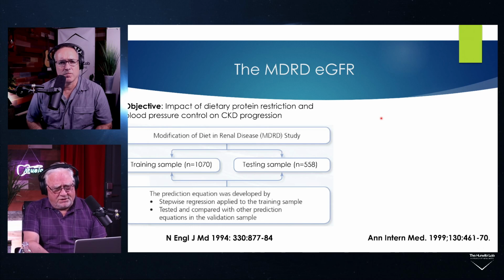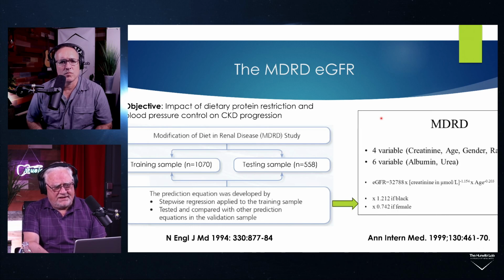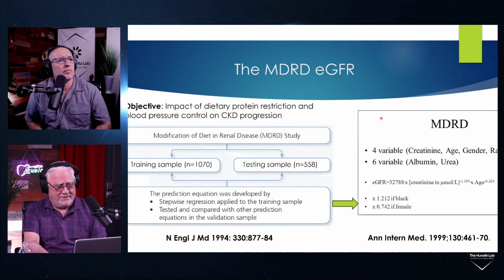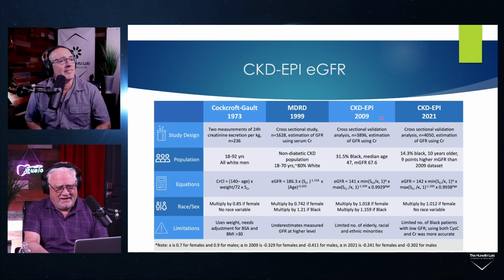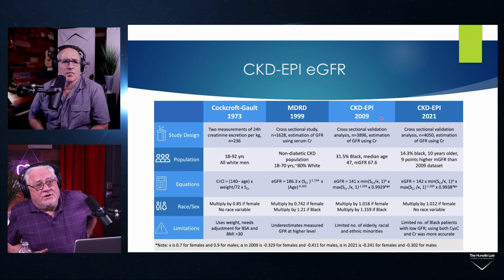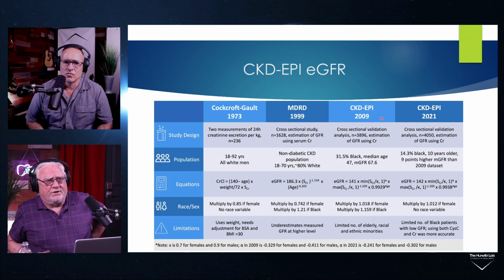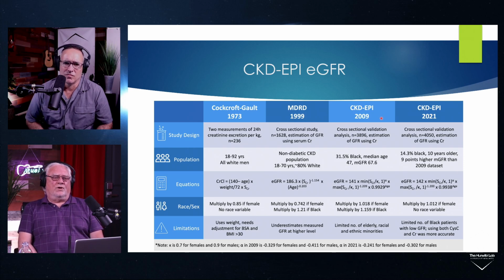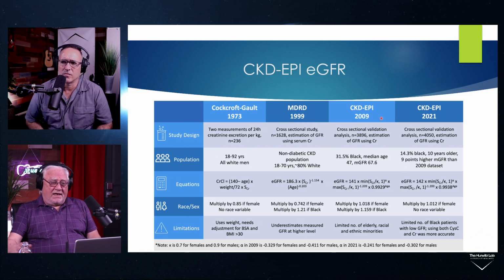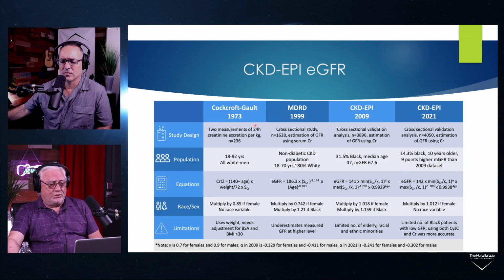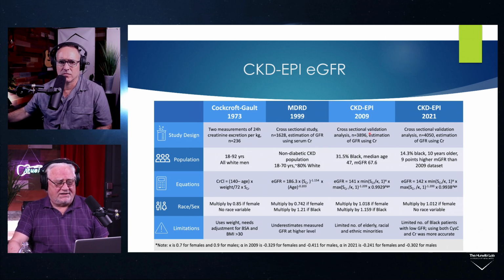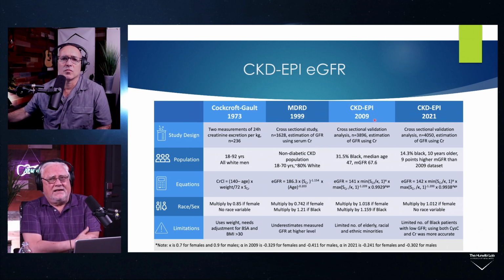But the original difficulty with it was that, there they are, the 4 variables, the 6 variable with albuminuria. The real problem was that you couldn't use it in all comers. You couldn't use it in people with closer to normal or normal kidney function. Yeah. So a lot of the investigators who were involved in the MDRD study developed the CKD-EPI.